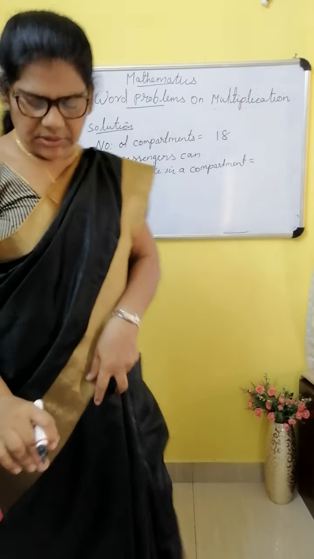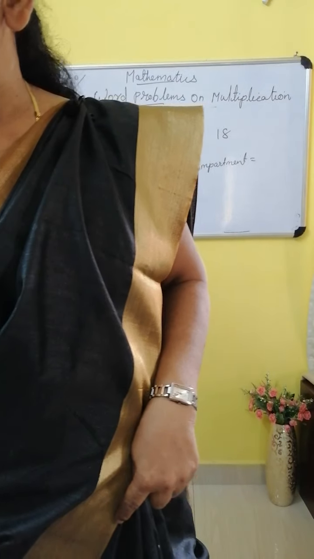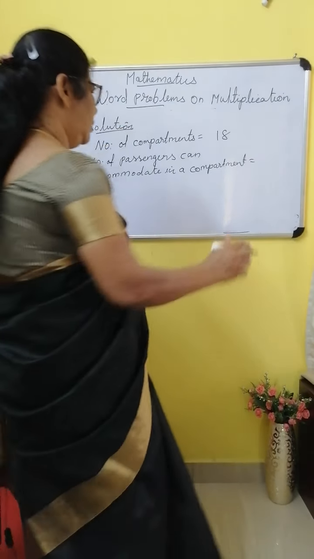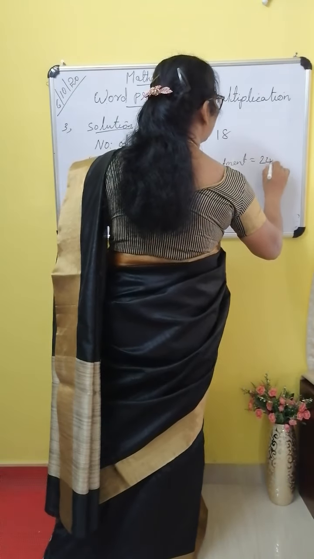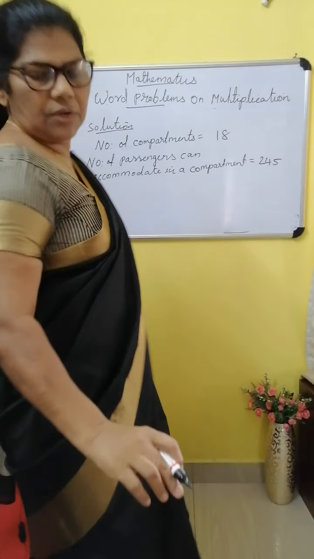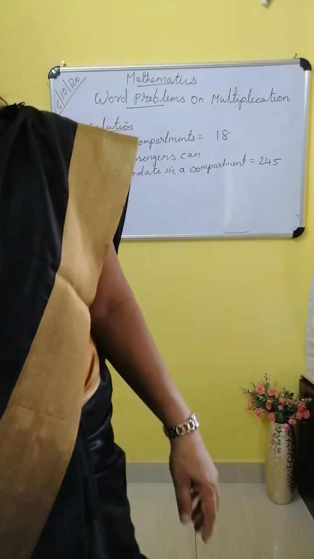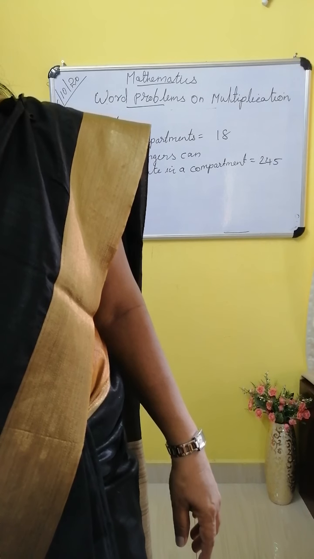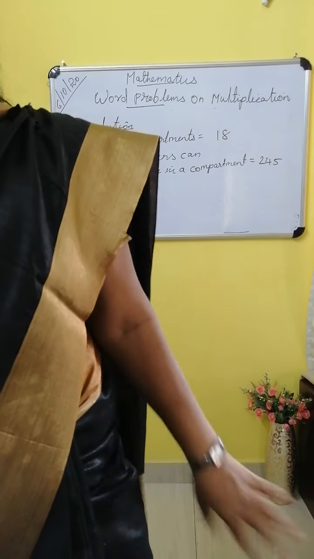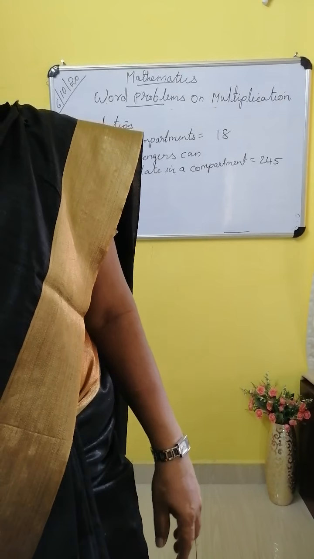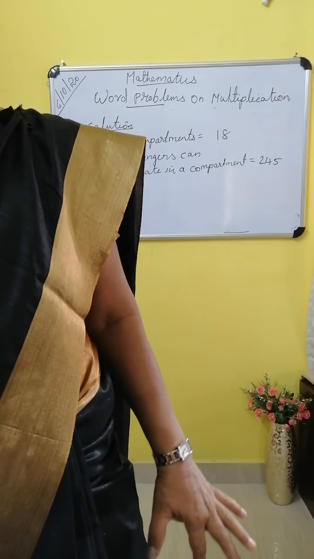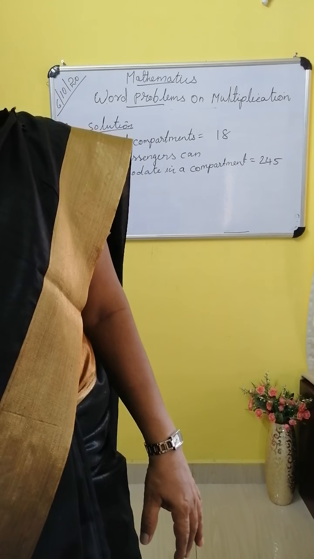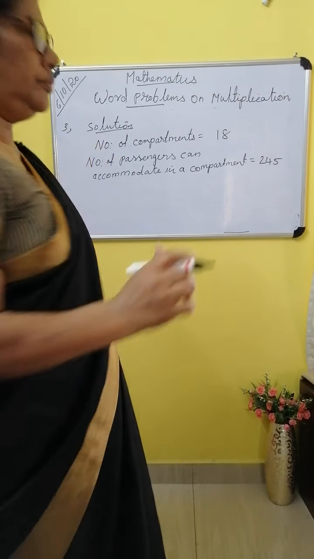Okay, how many passengers can accommodate in one compartment? 245. Then what we have to find out? How many passengers can accommodate in the train? Okay, so total number of passengers can accommodate.